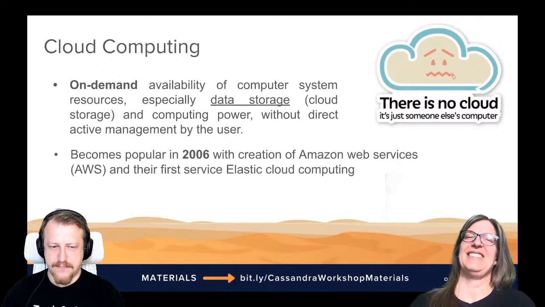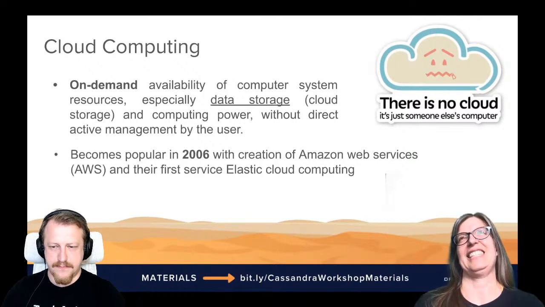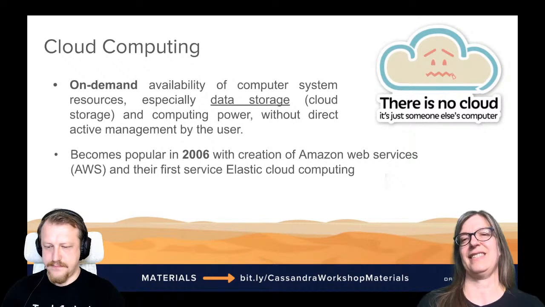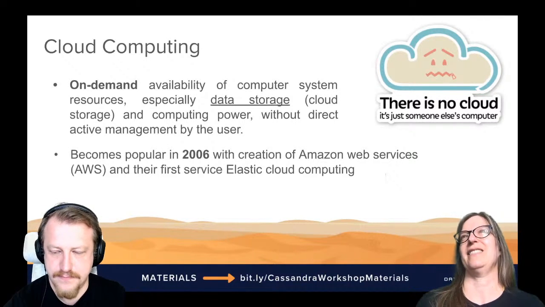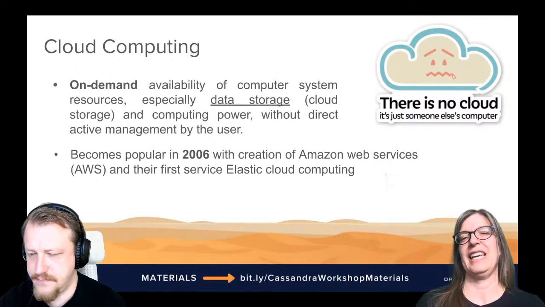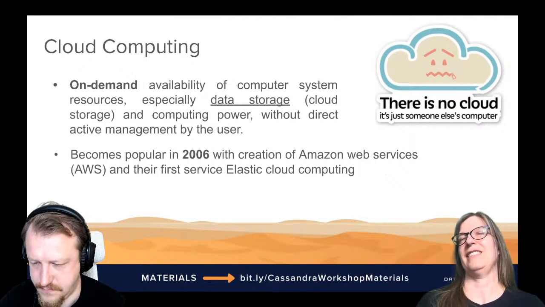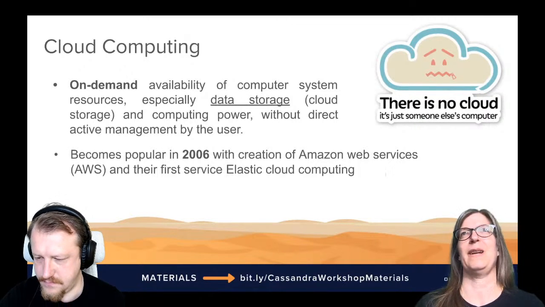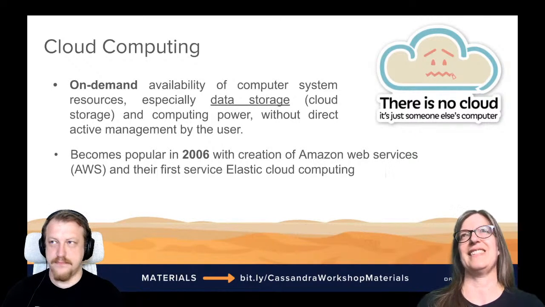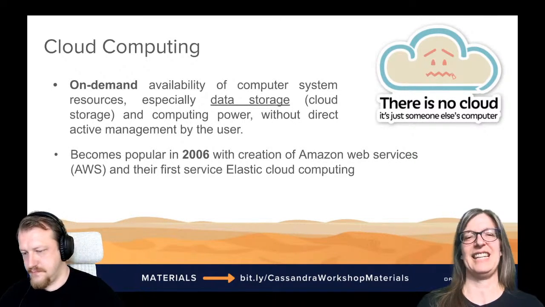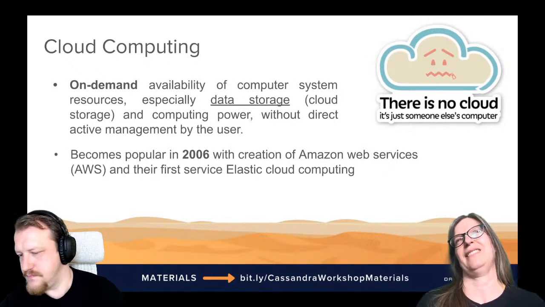So the big thing about cloud is that you basically have computer system resources at your fingertips. It's on demand, it's available, and it's usually actually really affordable. And you do not have the management overhead. So you do not need to take care of power supplies, cooling, installation, upgrades, and management and all these kinds of things.